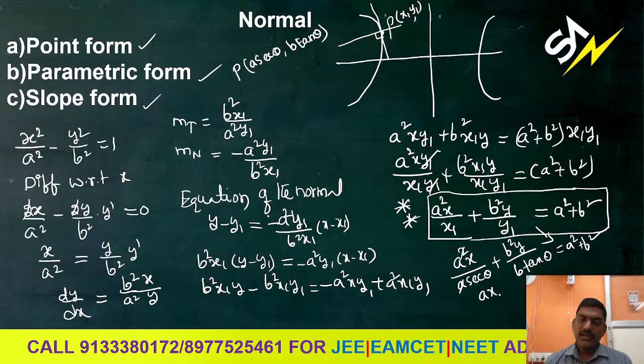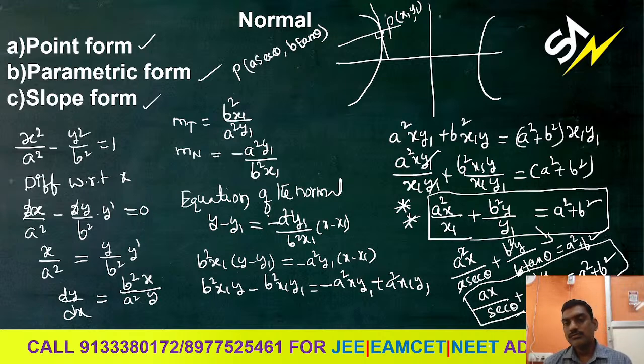We get a x divided by secant theta plus b y divided by tan theta, which is equal to a square plus b square. So this is called the equation of the normal in parametric form. Got it? Next, slope form.